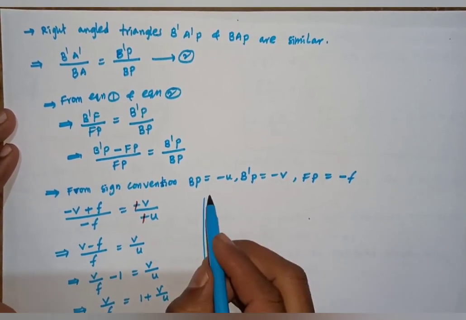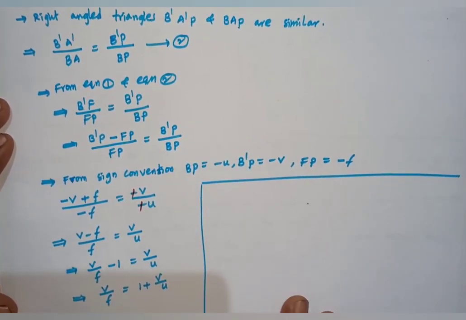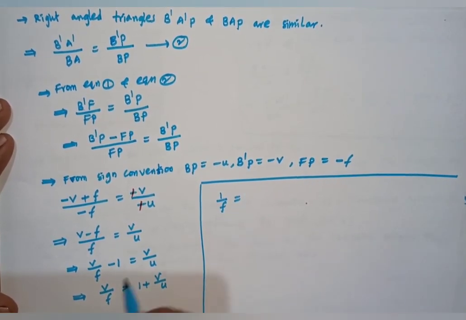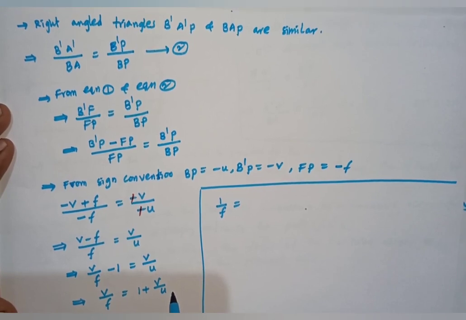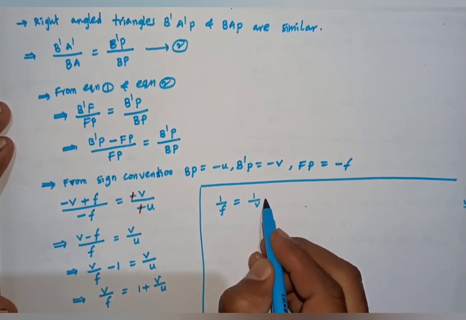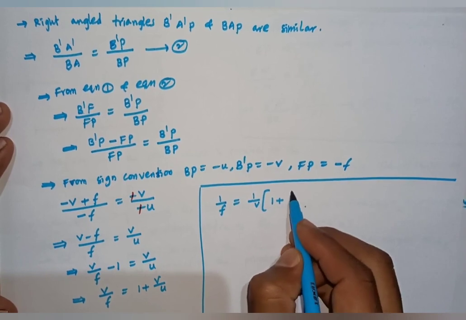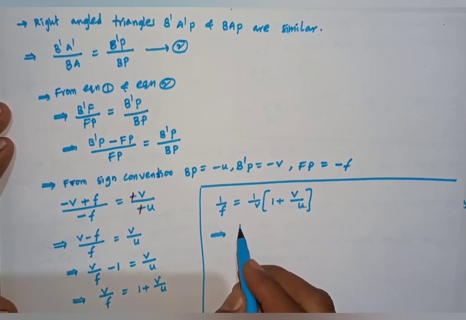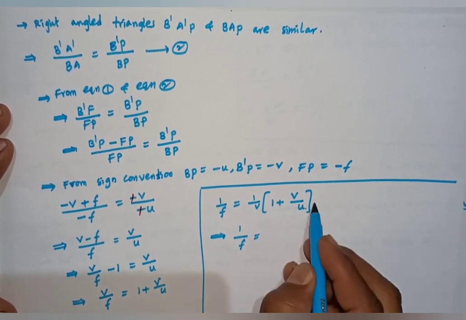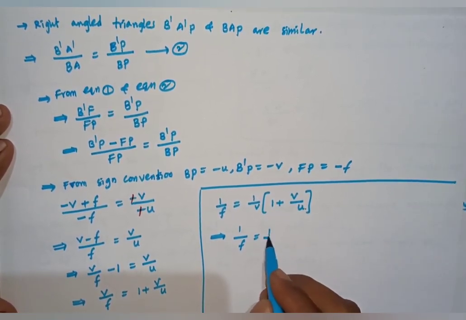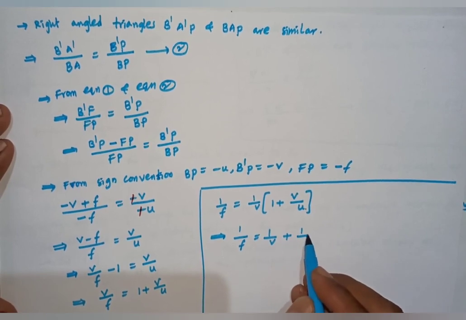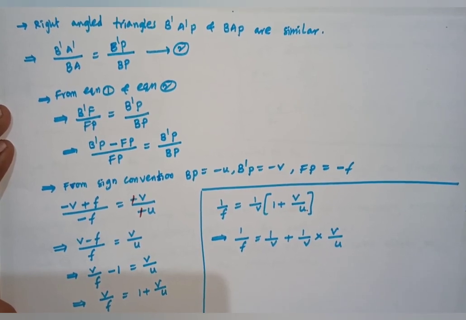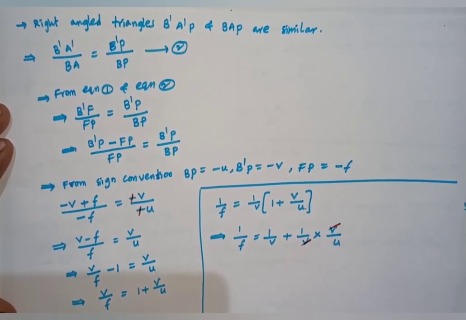So from this equation, 1 by f equals, v is taken to the right side, so 1 by v into (1 plus v by u). So here 1 by f equals, multiplied with 1 by v, so 1 by v plus 1 by v into v by u, and here v gets cancelled.